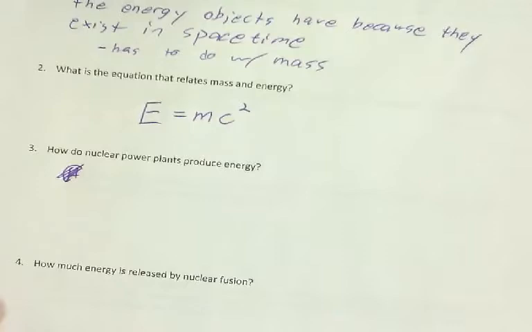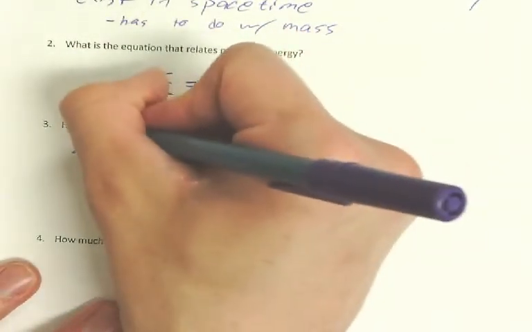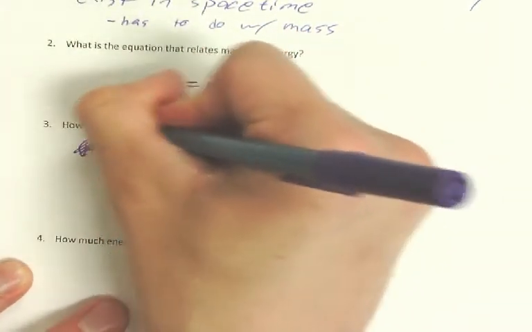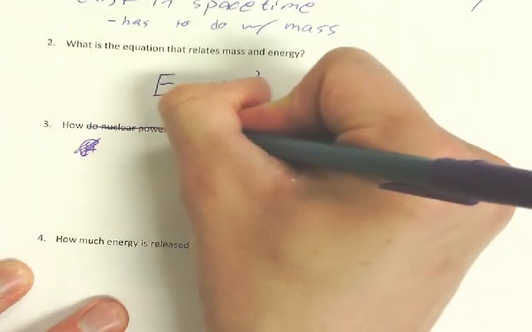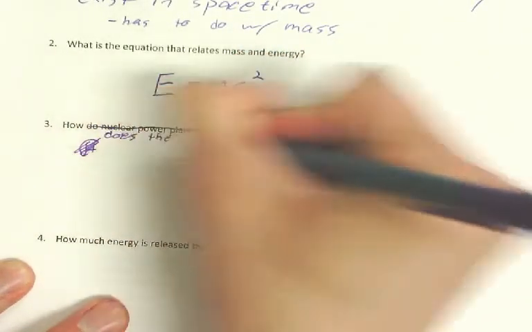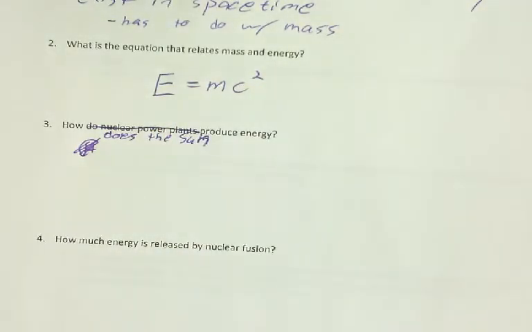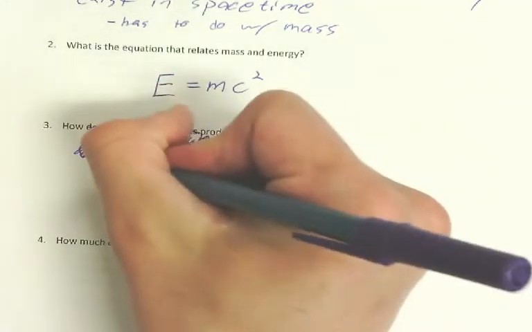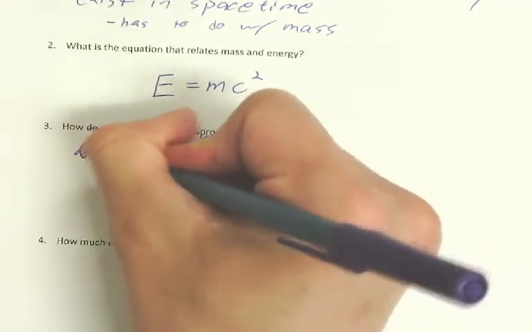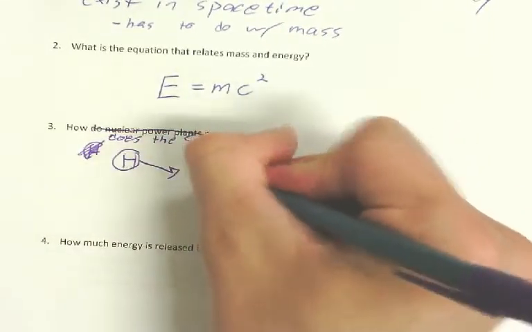So instead of how do power plants produce energy, change it to how does the sun produce energy? Sorry, I prepped this question for the sun. I didn't actually read my own question. All right, the sun takes 2 hydrogen atoms and it smashes them together.